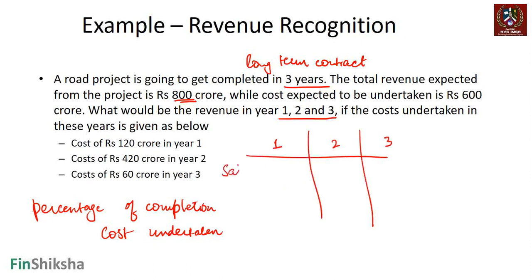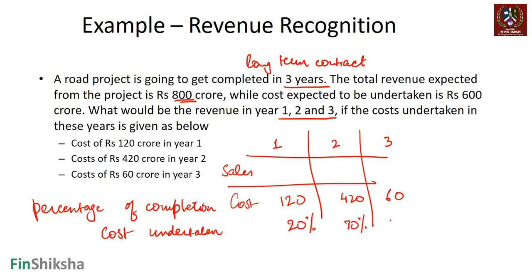We're going to look at sales and we're going to look at costs. How much of the cost is taken in the first year? That's 120, 420 in the second year, and 60 in the third year. As a percentage, 120 by 600 crore is 20%. 420 by 600 crore is another 70%, and then 10%.